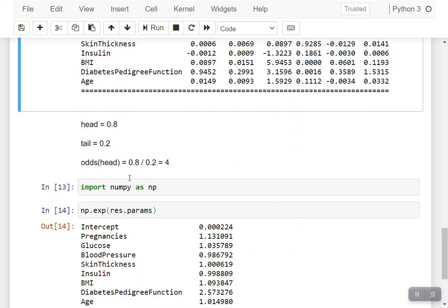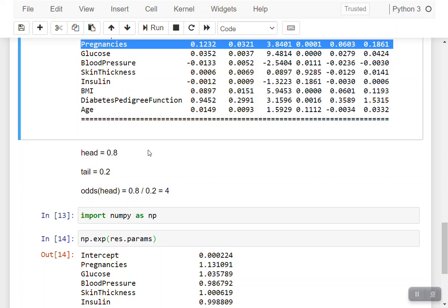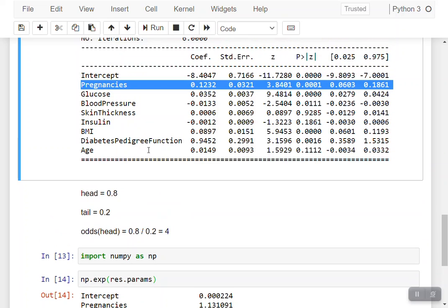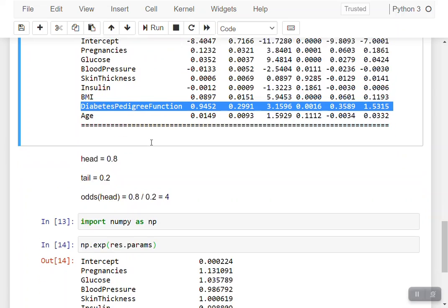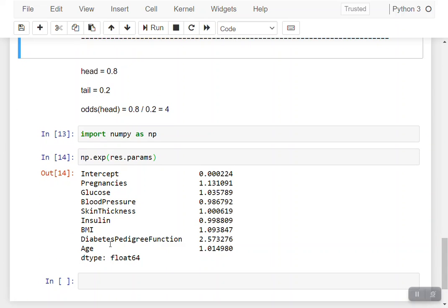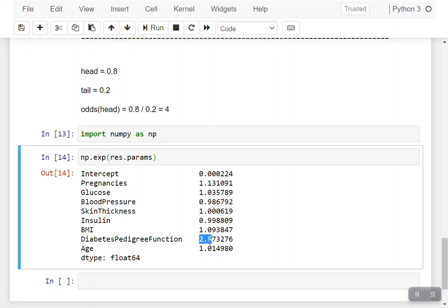For example, let's take a look at a coefficient which is really high in terms of odds ratio, which is diabetes pedigree function. 2.45, it means that it's two and a half times more likely to be diabetic with each unit increase in this variable, which is diabetes pedigree function.